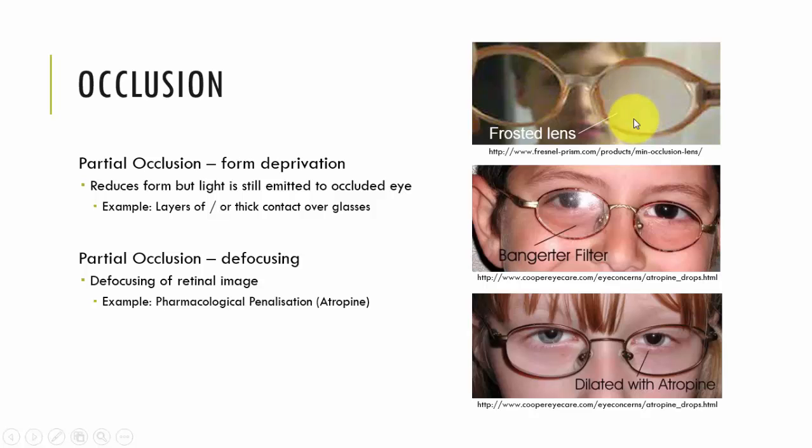So the visual acuity will be reduced here, here, and here. Now, in order to be successful, generally you will require that the vision of the sound eye being partially occluded is less than that of the amblyopic eye, so that the amblyopic eye becomes the preferred eye to fix with.